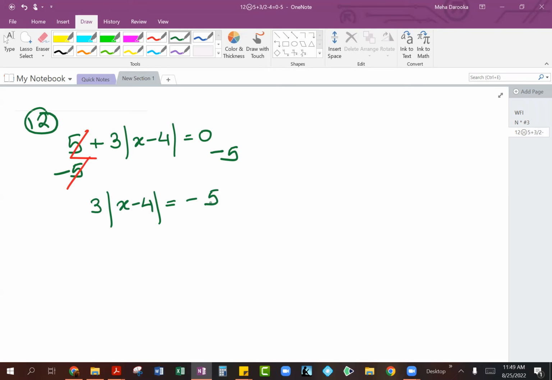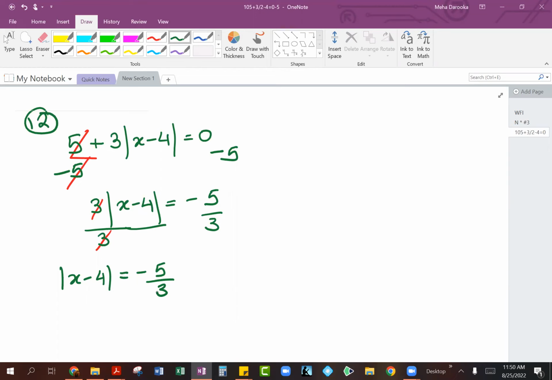Very nice. Since you're multiplying, you can divide both sides by 3. And of course, you can extend that if you like. So this will now get us the absolute value symbol by itself, and then you have negative 5/3 on the other side.